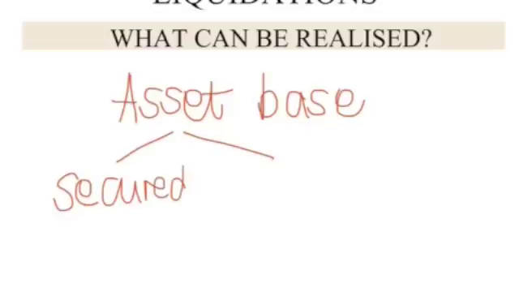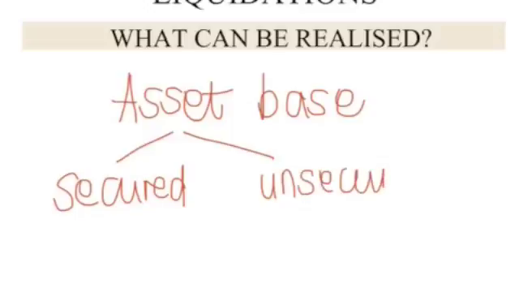So what he'll do is look at the asset base of the company to see all the assets that can be realized. He'll identify which of those assets are secured, given as security to creditors, so as the security for secured creditors, and which of the assets are unsecured.